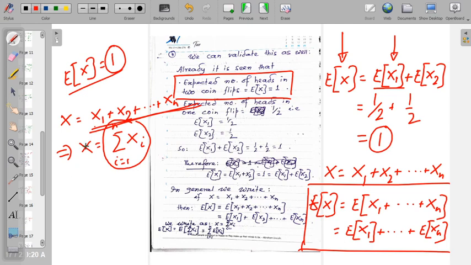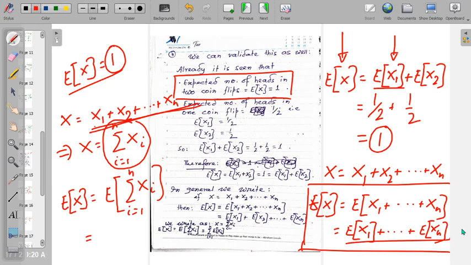Then we take the expectation of x on both sides, so the expectation of the summation over i equals 1 to n of xi. By this formula, expectation of x1 plus expectation of x2 plus up to expectation of xn, we can take the expectation inside the summation, i equals 1 to n, expectation of xi.